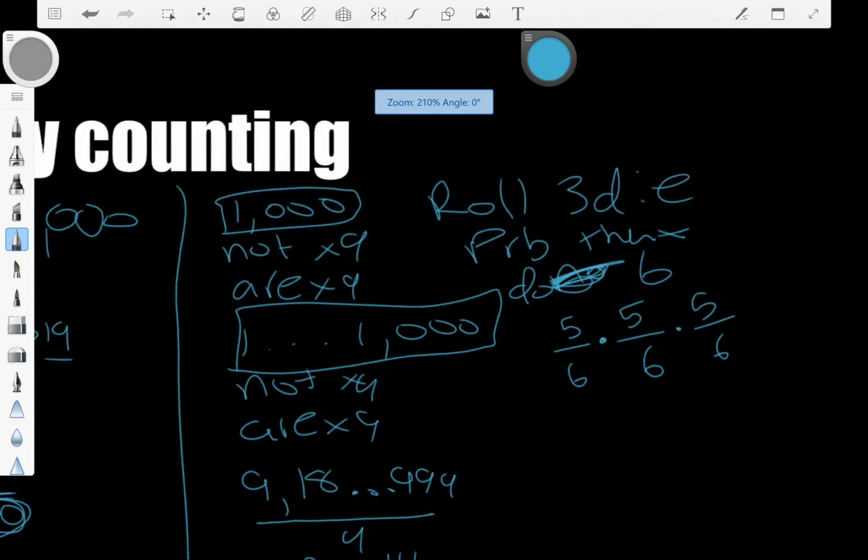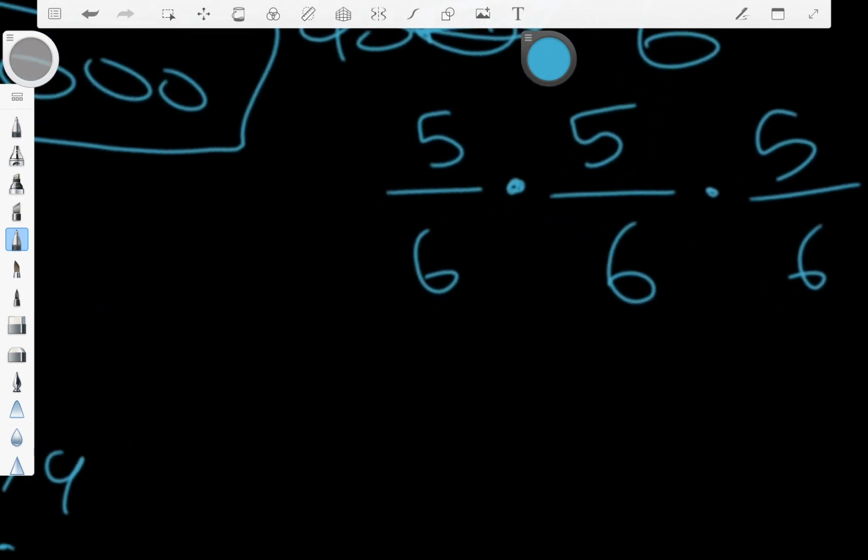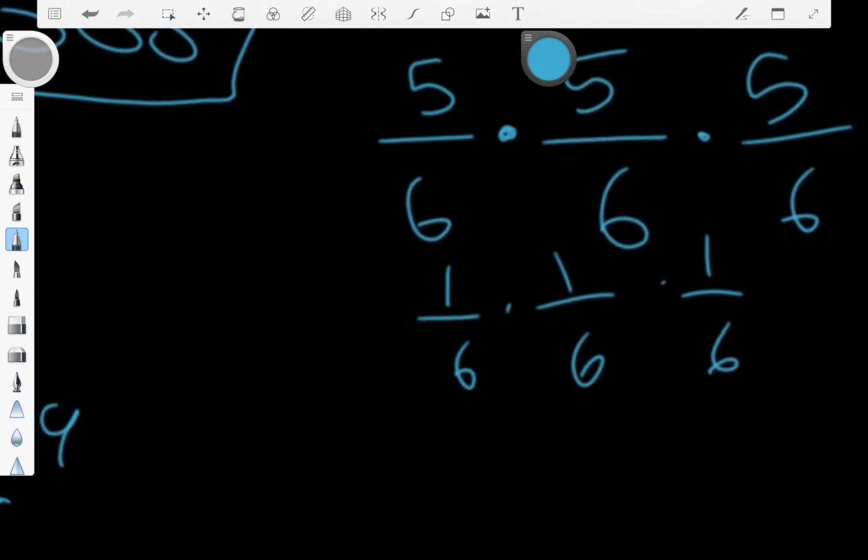But this doesn't work the opposite way, right? Because if you do 1/6 times 1/6 times 1/6, that's the probability of you getting a 6 on all of your tries. And that's not what we want, right?